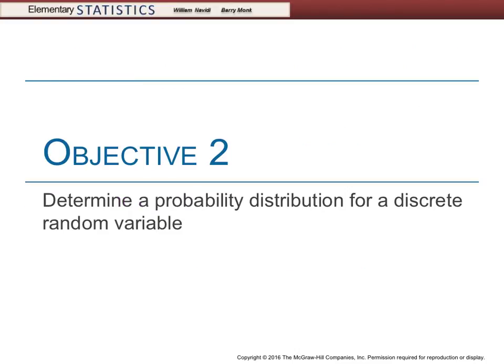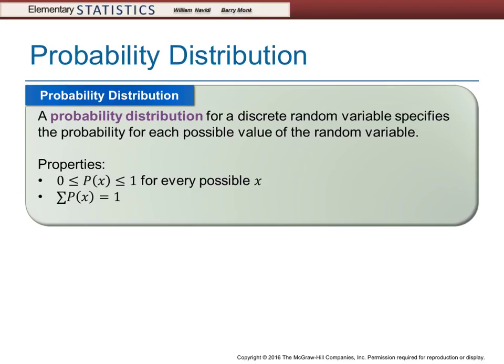Objective 2. Determine a probability distribution for a discrete random variable. So we go back to our rules of probability. A probability distribution for a discrete random variable specifies the probability for each possible value of the random variable. The properties or the rules are the following.